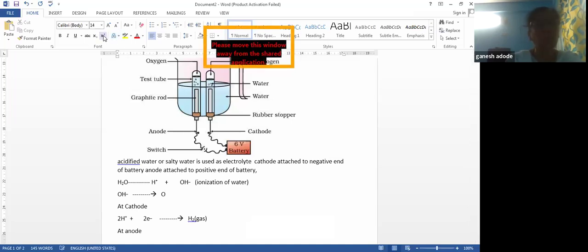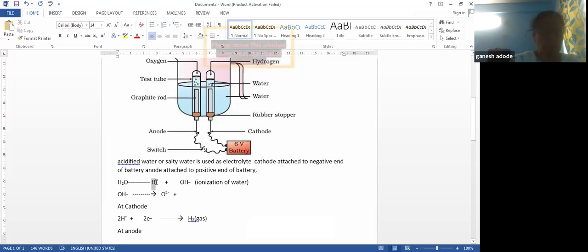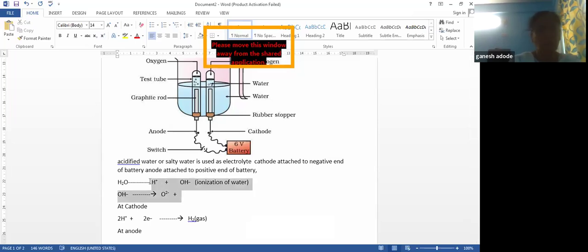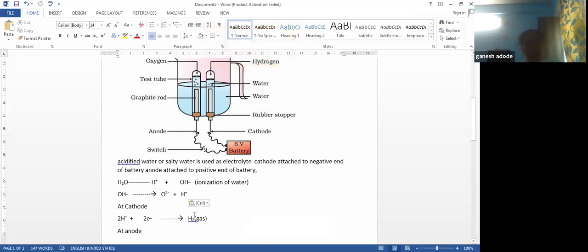It gets ionized to form the O2 minus ion, and along with it there is formation of the H plus ion.